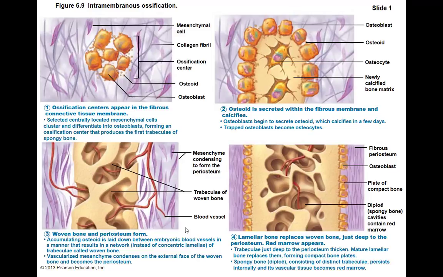Then you're going to get these mesenchymal cells. Some of these run around the outside and are going to be like, all right, we need to come together and start this off. And they're going to recruit some osteoblasts. And what do osteoblasts do? They're the building cells. So these mesenchymal cells congregate together and recruit some osteoblasts.